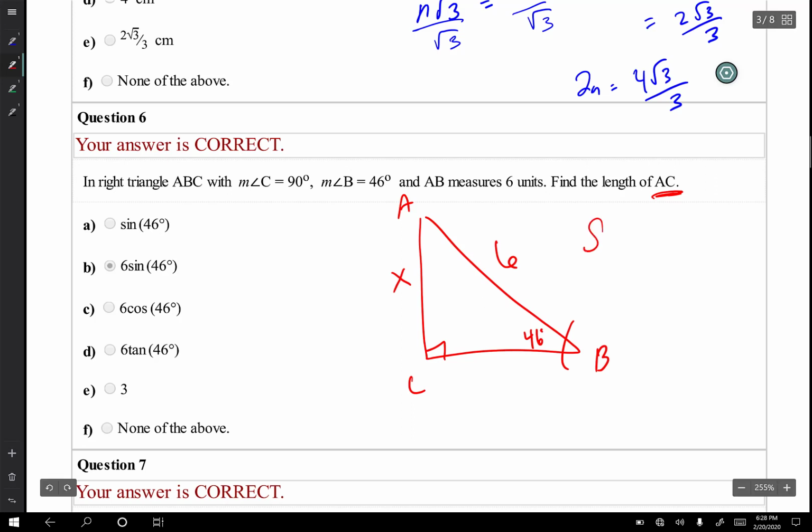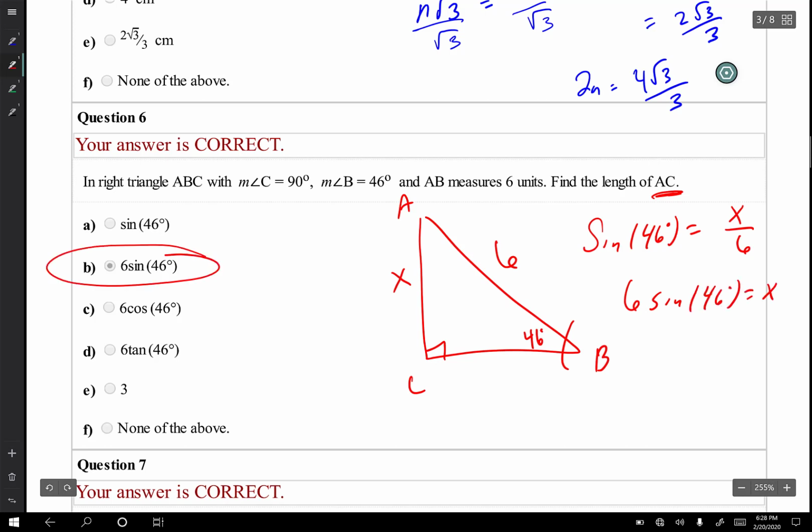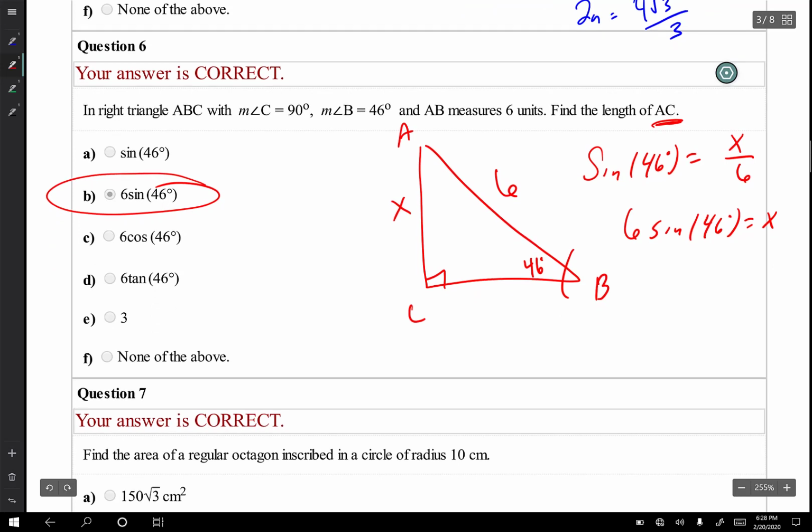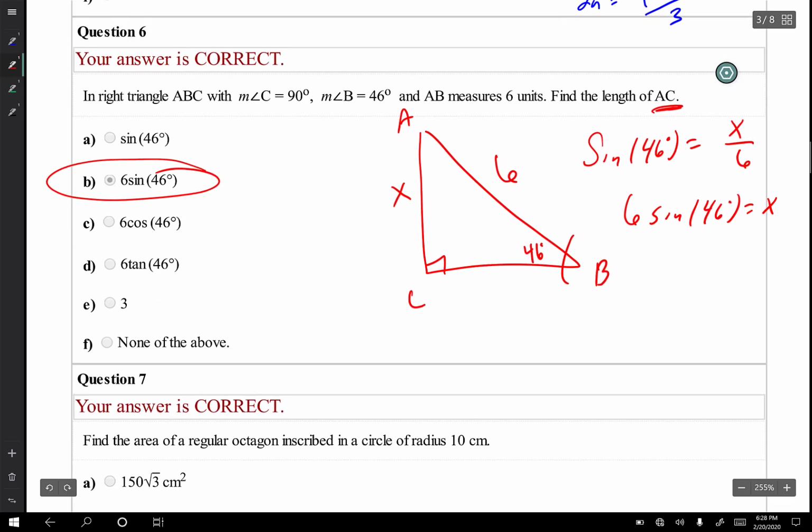So you write sine 46 degrees equals x over 6. Multiply by 6, so 6 sine 46 degrees will give me my x value. And there it is. Hopefully I didn't confuse anyone there, guys. I fixed the errors. I noticed something was fishy. I'm not sure how I made that error, but we're back now. No more sad face.